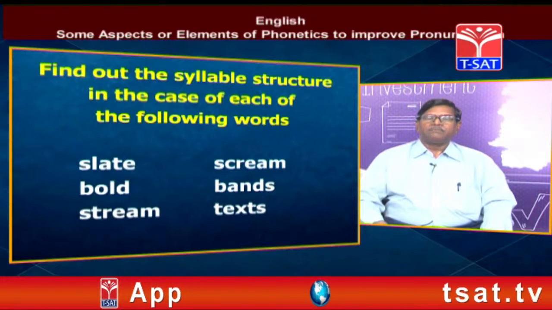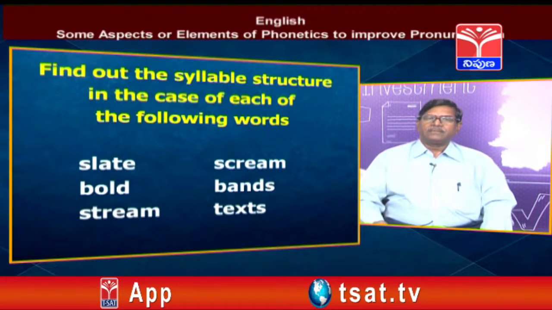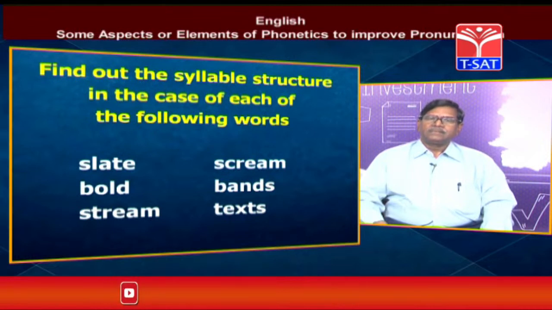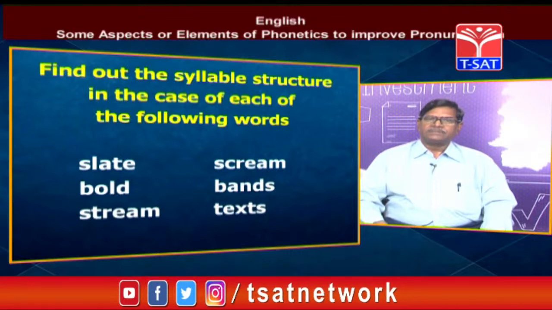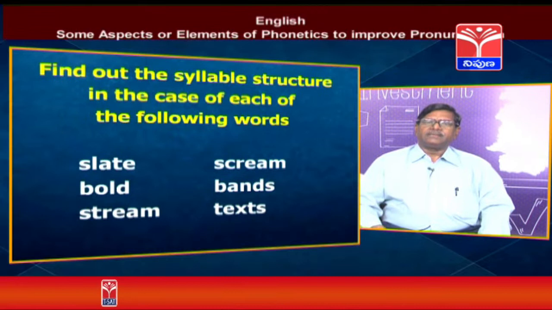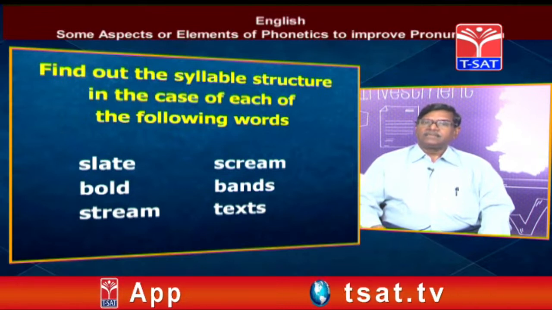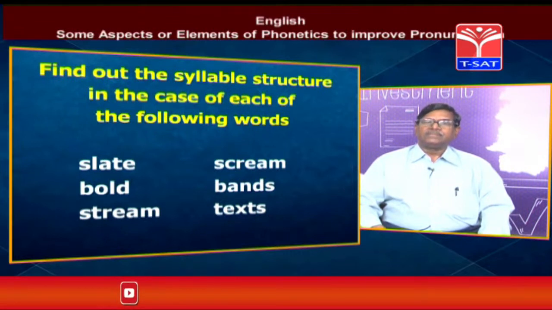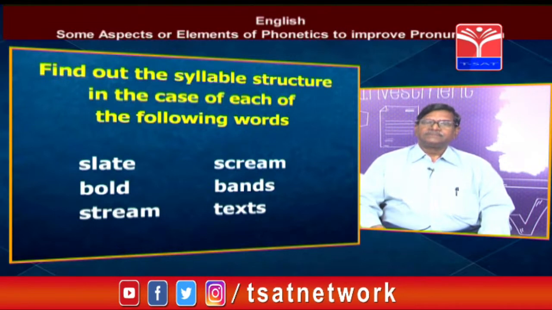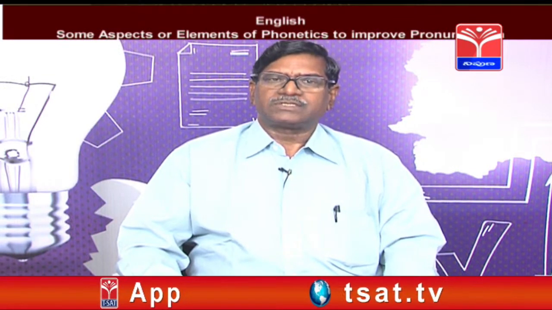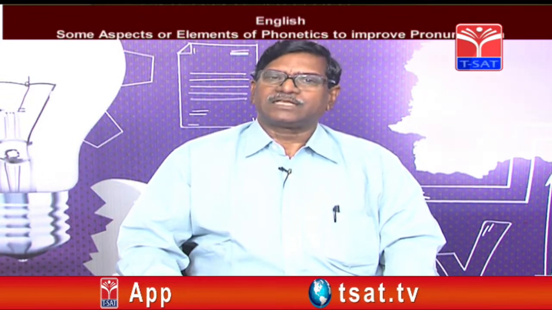In the case of the word bands, B, only one consonant sound before A, bands. After A, we find N, D and Z, bands, because D is a voiced sound and the plural marker is pronounced as Z. Likewise, there are 3 sounds after the vowel sound in this particular word. So, that is a consonant cluster again in place of arresting consonant.